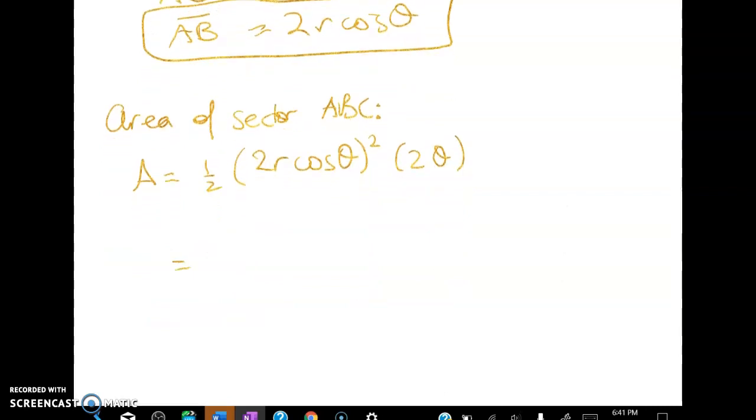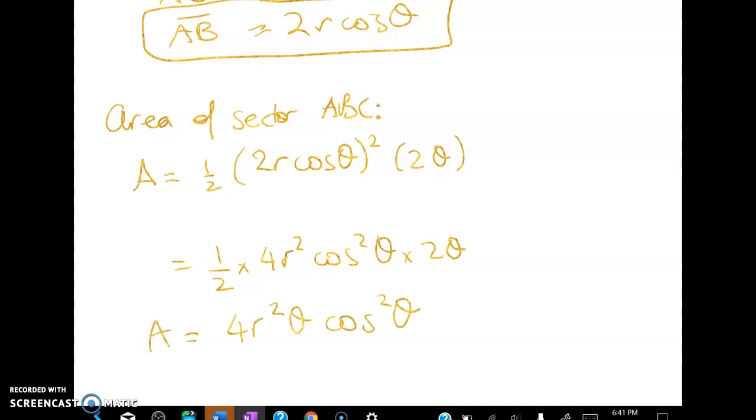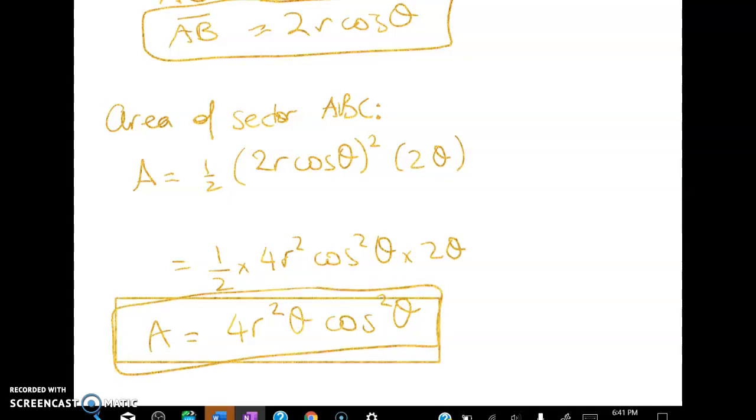We need to clean that up, and we're going to get a half times 4r squared cos squared theta times 2 theta, which gives me 4r squared theta cos squared theta. So that's my first thing. Let's try that again. There we go.